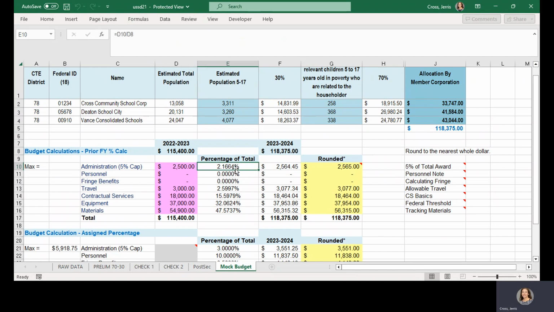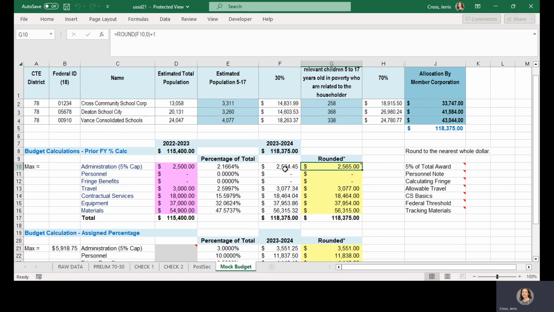The formulas that are built in will calculate your percentage of total, and if you've entered this number into cell F8, it will automatically calculate the upcoming budget cycle amount. So then I've taken it and it will round it for you.